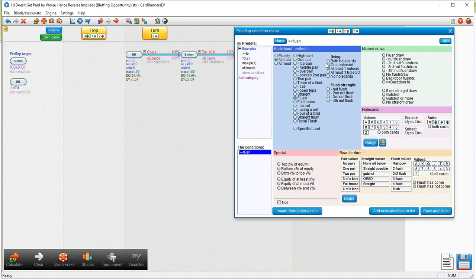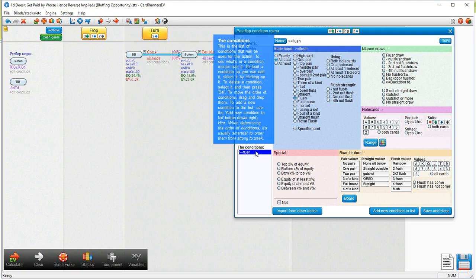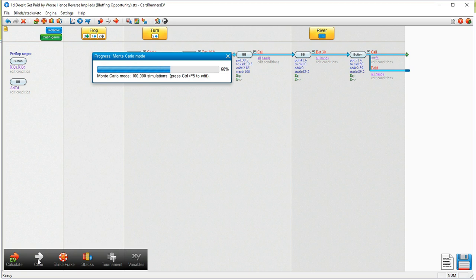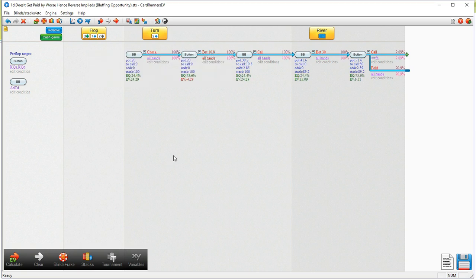I'm going to say we just bet every time, and our opponent's only calling with full houses. So we're going to bluff every single time we miss. And this is a very good exploit against someone who's only calling with full houses. Look what happens to our expectation now. So now we're just absolutely printing money. This is despite the fact that we can never expect our draw to get paid off by worse.